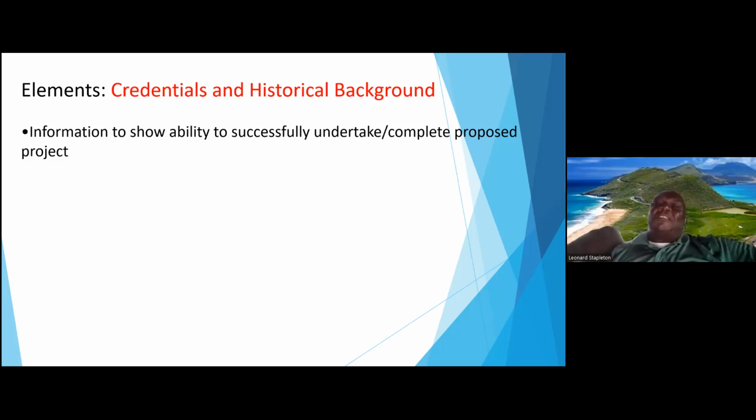If after all of that, your organization still falls short to show your ability to successfully undertake the project, then you definitely need to partner with another organization that has that track record and has the people. And then you share the funding, or some organization would allow you to piggyback on them and the funding comes to you.